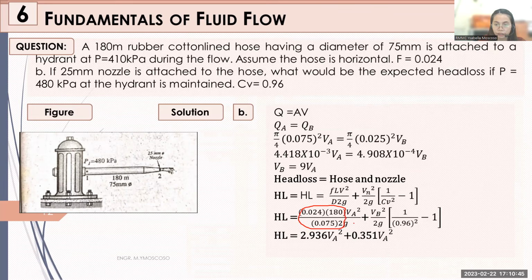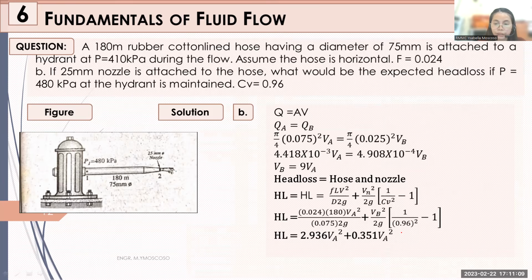Okay, kindly use your calculator. Kindly check that one. And for, what is that, VA lang lahat? Okay, so try natin. So you have 0.024 times 180 divided by 0.075 times 2 times 9.81.